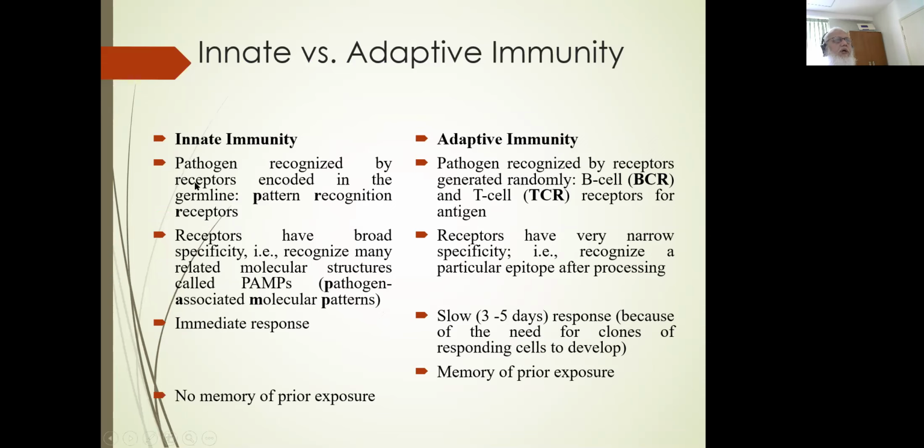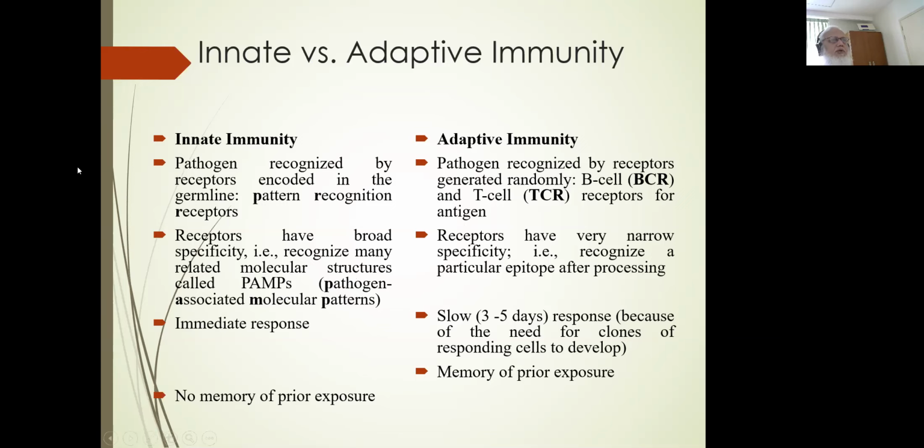In innate immunity, pathogens are recognized by pattern recognition receptors. But in acquired immunity, they are recognized by the B cell receptor on the B cell surface or T cell receptors on the T cell surface. Innate receptors have a broad specificity. They recognize broadly, say, peptidoglycan of all bacteria or flagellin of all motile bacteria.